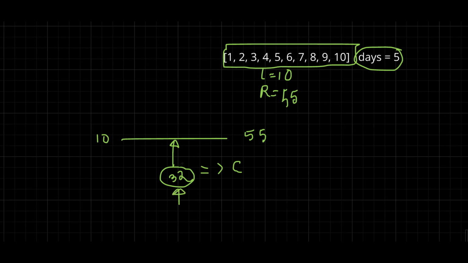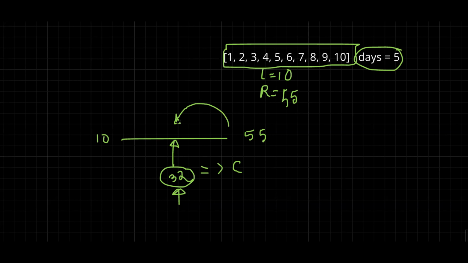If we can, that means we have to shift the right pointer to mid minus 1, because we have to look for the minimum weight. If we can ship all of the packages within 5 days with capacity 32, we have to check whether we can do it with a smaller capacity.